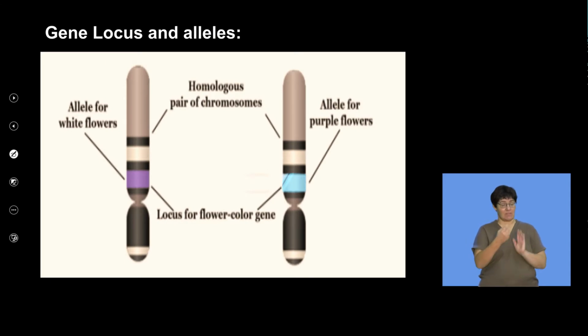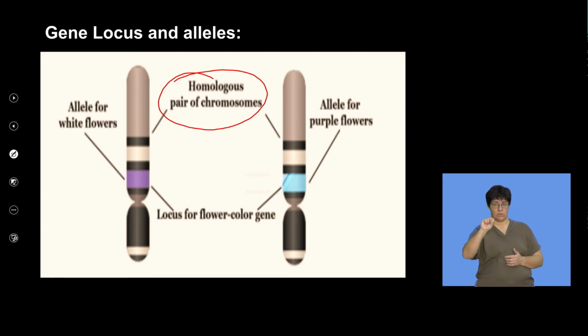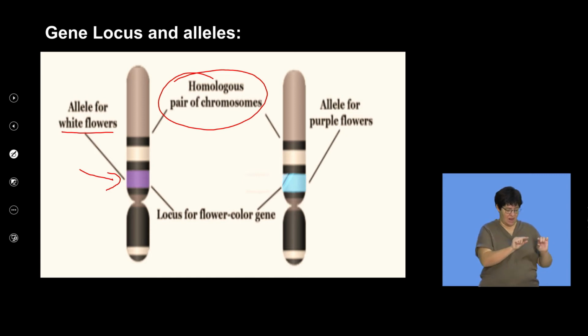In this illustration, I've illustrated a pair of homologous chromosomes. The concept of homologous chromosomes comes from the fact that these chromosomes are similar in shape and size, and they basically are representing an allele for white flower. In this case, it's indicated by this purple region, and on a corresponding chromosome, the allele for purple flower.